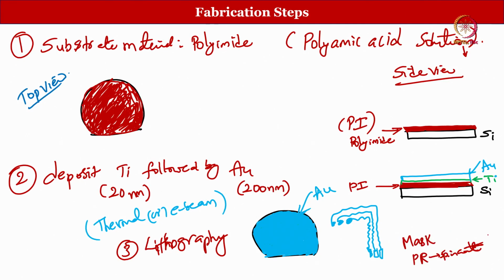right. Before that, prepare the sample and then spin coat the photoresist, then you heat the sample, right, so that the solvent can be evaporated. Then through the mask you expose, right, and then put this entire wafer in the photoresist developer. Then what will happen?